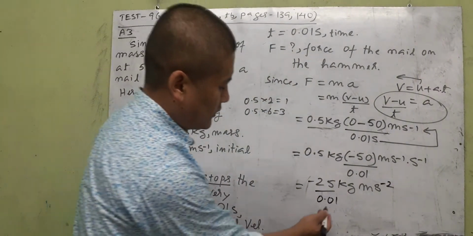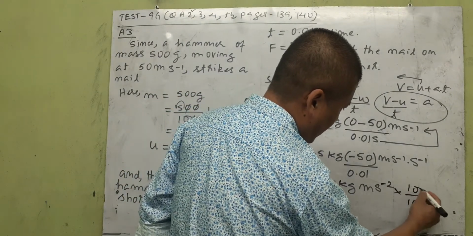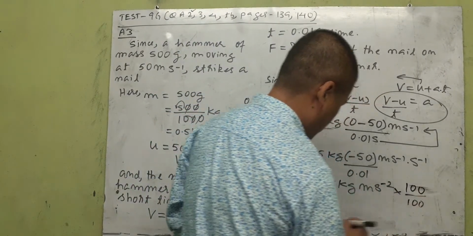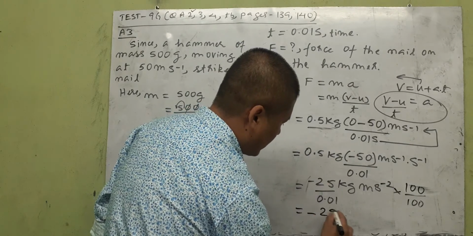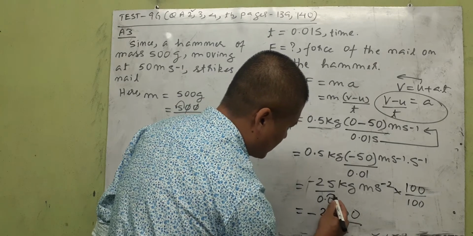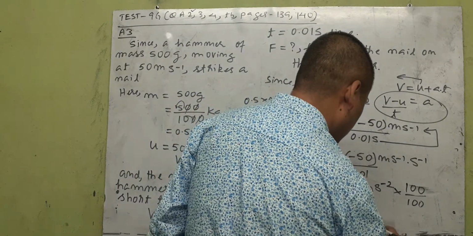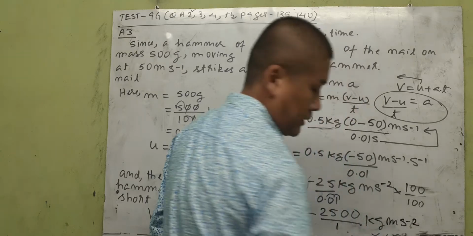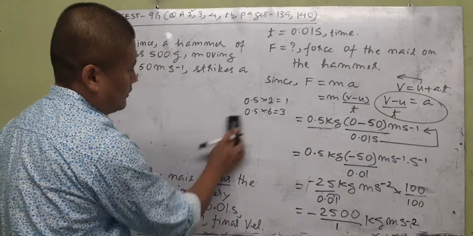So to remove this decimal, let us multiply. 2 places are there, so 2 zeros means 100 up and down. So if we do that, then we're going to get here minus 2500, divided by this 2 0 means decimal shift 2 places to the right, 1 by 1 kg meter per second square. Okay, once we're done with that, last 2 steps I guess.